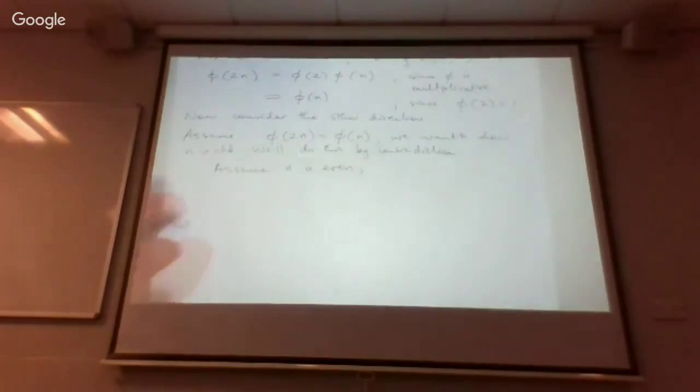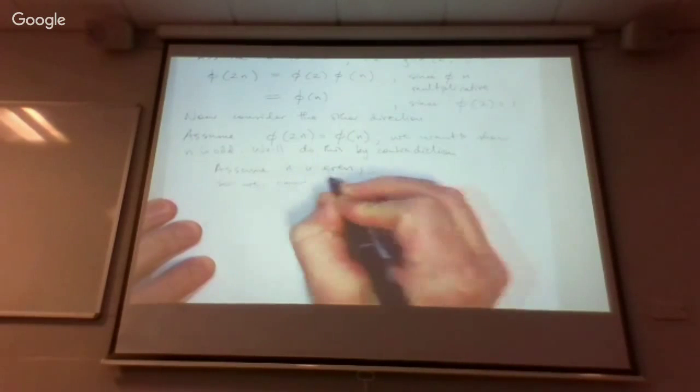Now, if ever in number theory you assume something is even, immediately unravel that assumption. Okay? Assuming something is even means you're assuming it has a factor of 2. So you should immediately factorize it based on 2.